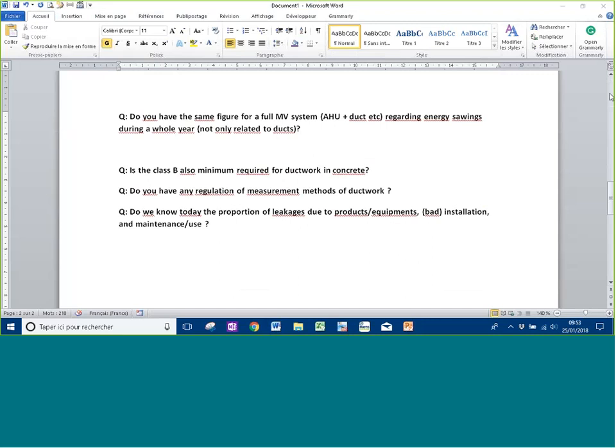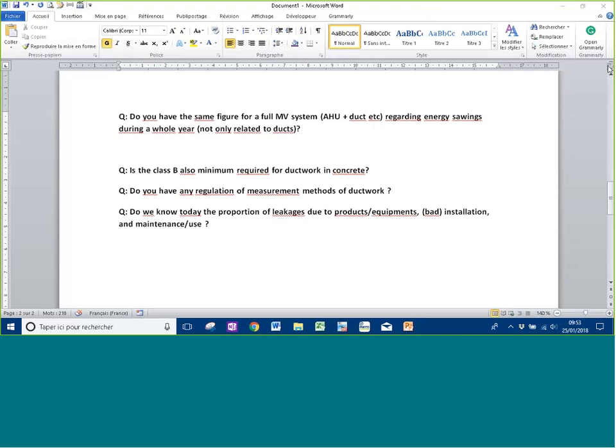Also, the way of measuring has become a little bit easier, so the people doing the installation are getting more and more aware, and they can test it themselves instead of using expensive consultants. In that context, they are also improving a lot. I would say that they are improving more than the products to make it airtight. And for maintenance, since we are using rigid duct, it works really well.